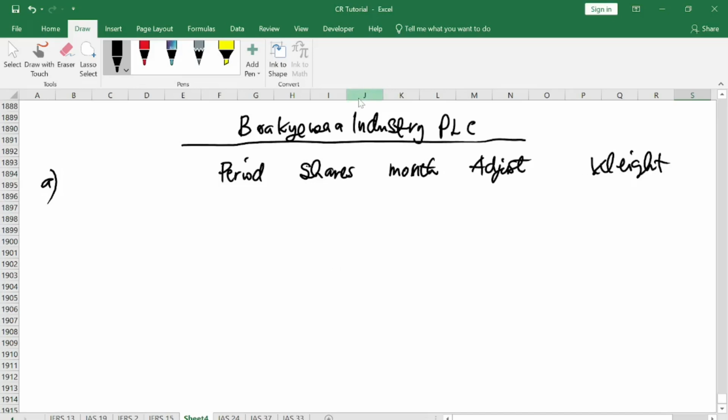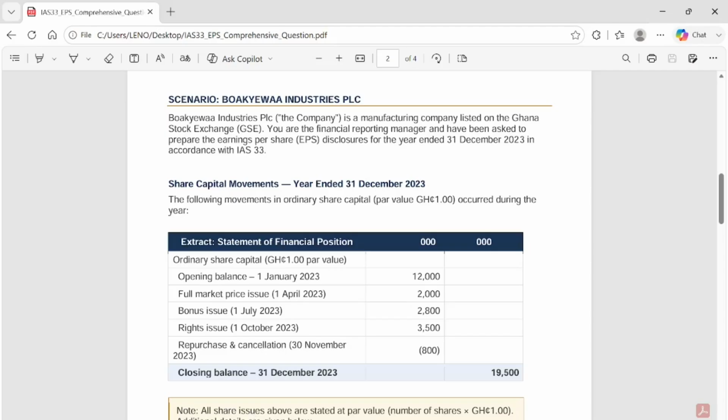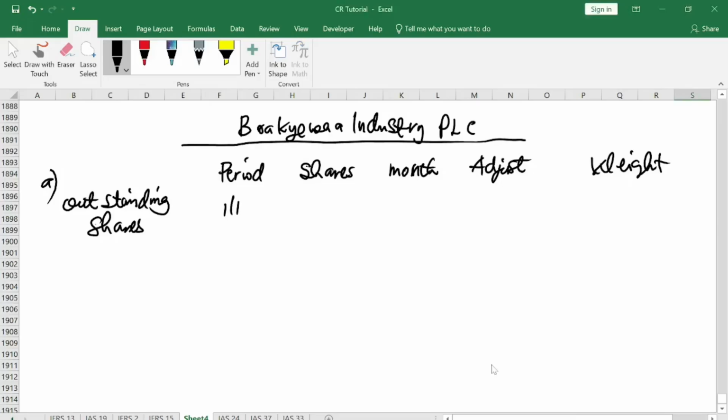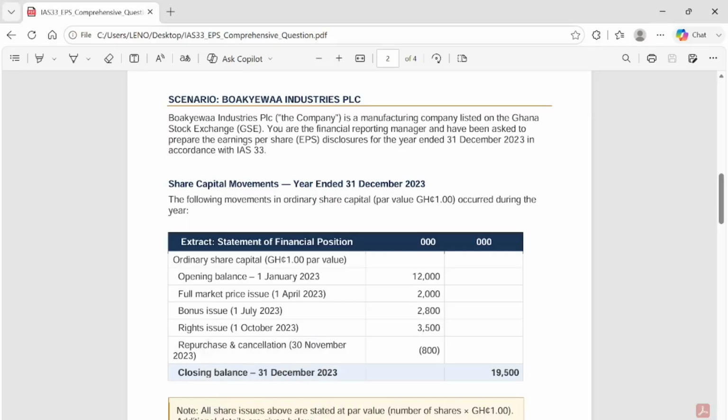Good. So let's start. In the question, do we have outstanding shares? Yes, we have outstanding shares. When you look at it, the opening balance on 1st January 2023 was 12 million. So you have 12,000 here. Did they issue another share?